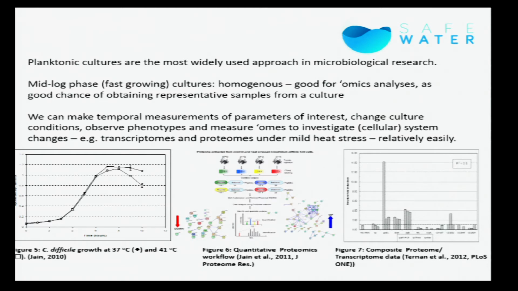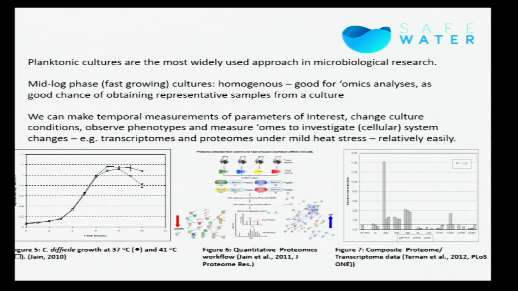So we grow the organism at 37 degrees, do a mild temperature upshift, and we can see that for Clostridium difficile the graphs don't really diverge massively. This is obviously not the mutant that I showed on the previous slide.